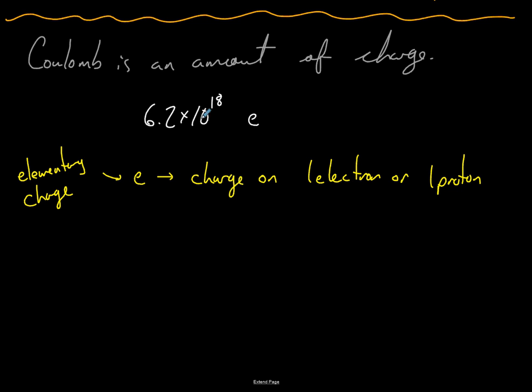So if we gather together 6.2 times 10 to the 18 E's, we have an amount of charge equal to 1 Coulomb of charge. It's kind of a similar idea to the mole. It's not the mole, but it's a similar idea. You need a certain number of particles to make up a mole. You need a certain number of charges to make up a Coulomb.